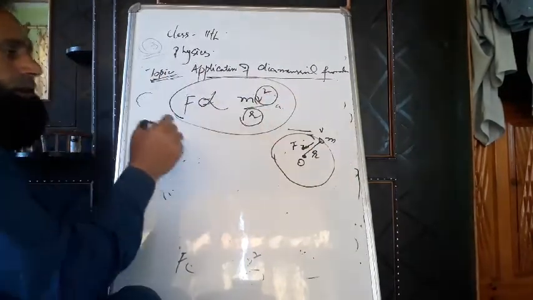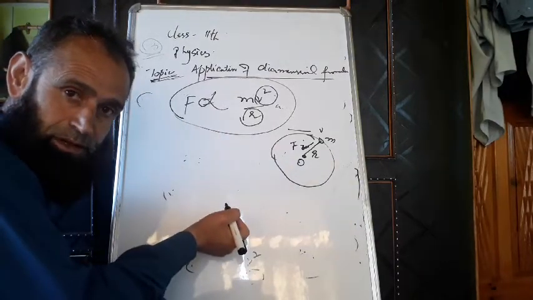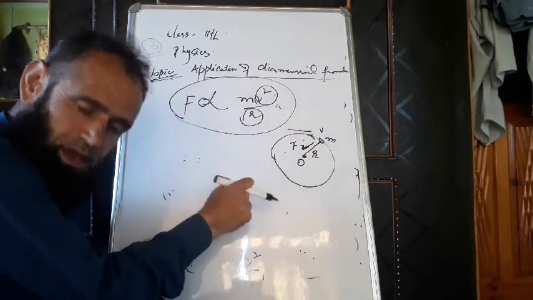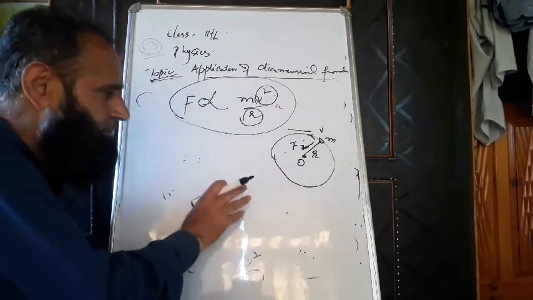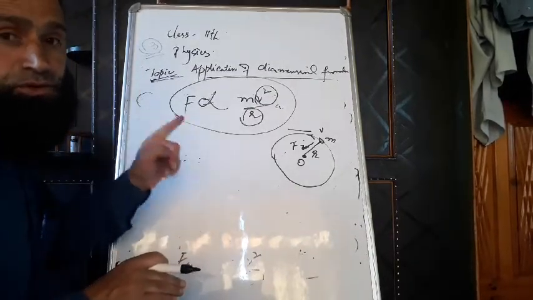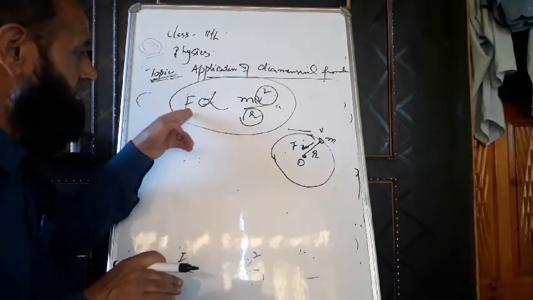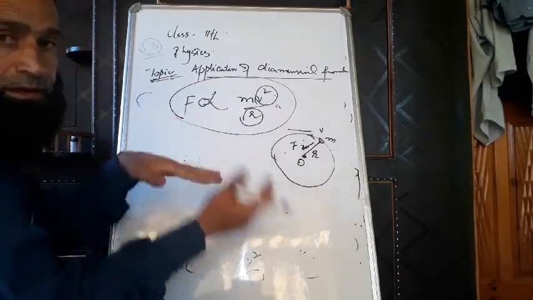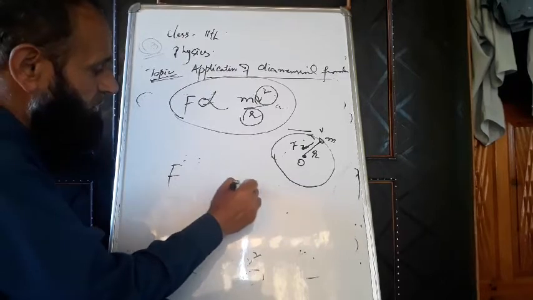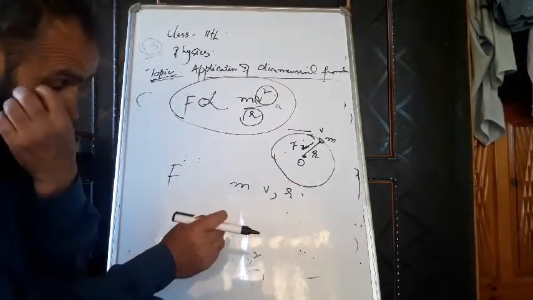We have found this relation between the quantities in the case of centripetal force by using dimensional analysis. By using dimensions we can do this, but unless and until we know on which quantities they depend, we cannot relate them. Just like force depends on mass, velocity and radius.